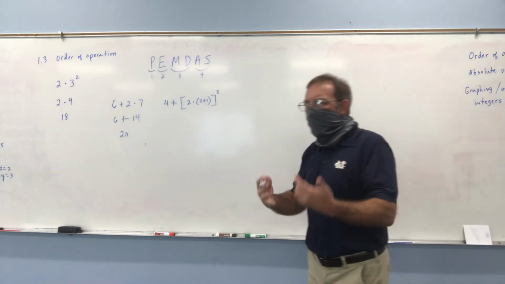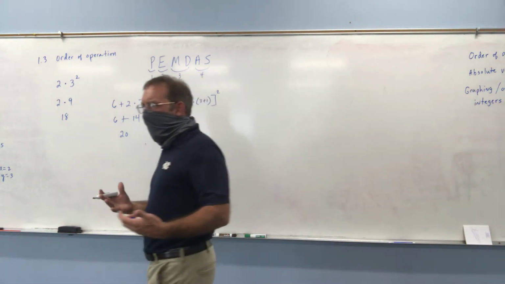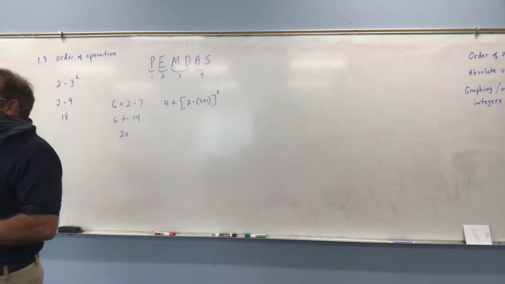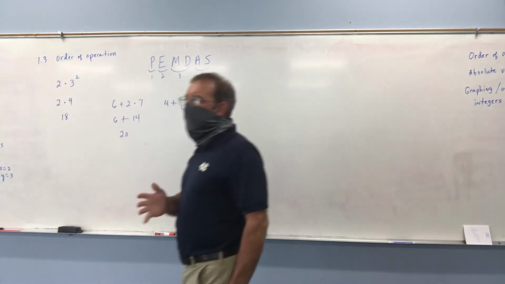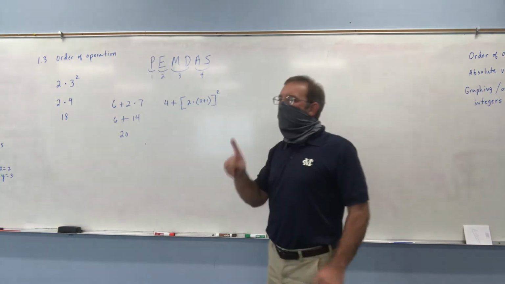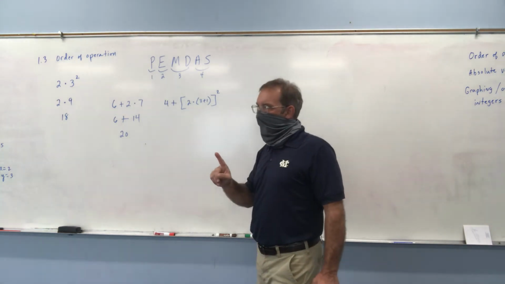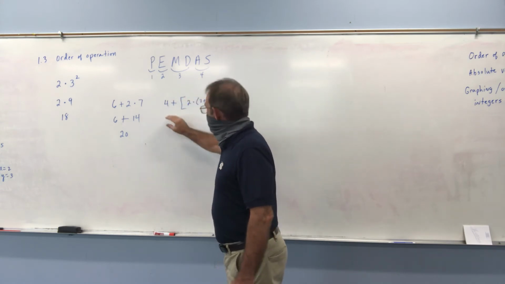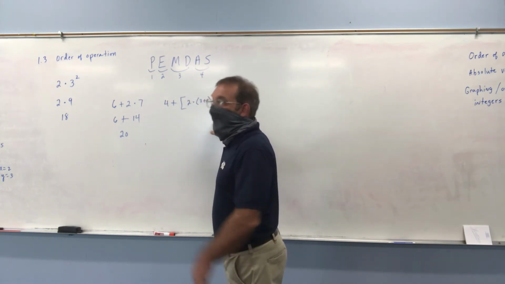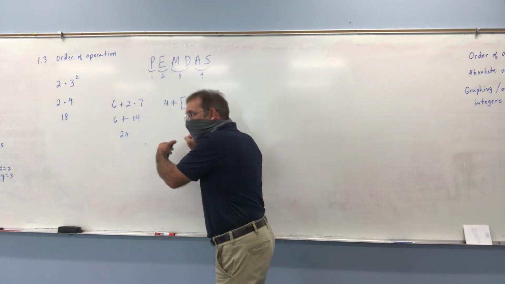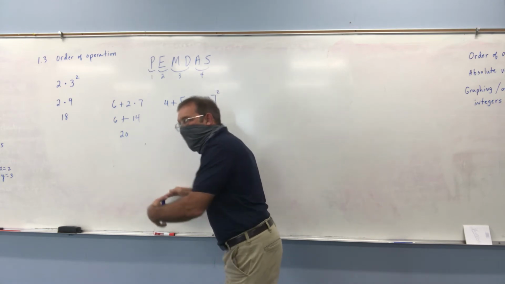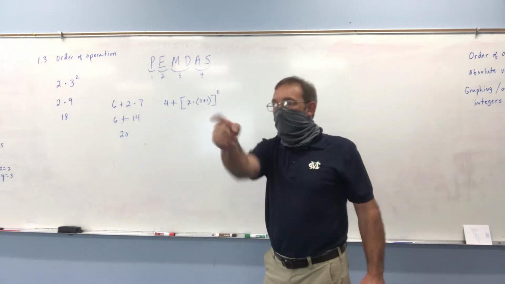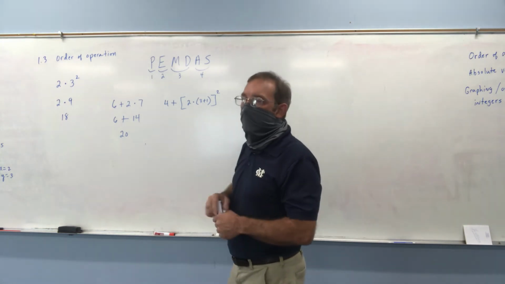Now, there's a fair amount of stuff going on here, right? My recommendation to you, until you get really good and comfortable, is just do one thing at a time. Figure out that one operation that you're going to do, and just do that and bring everything else down. Then figure out the next one, just do that one, bring everything else down until you get down to a single number.